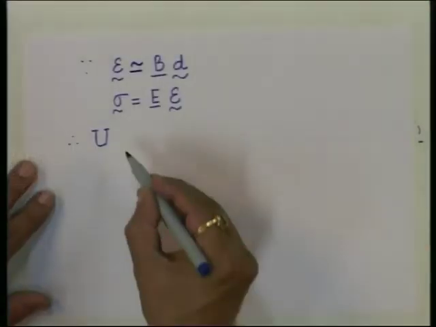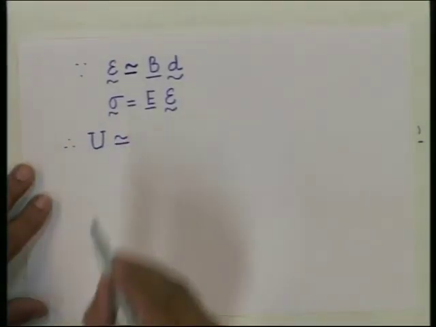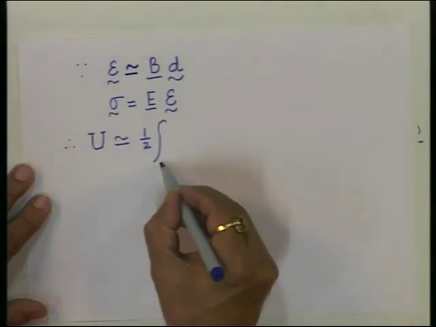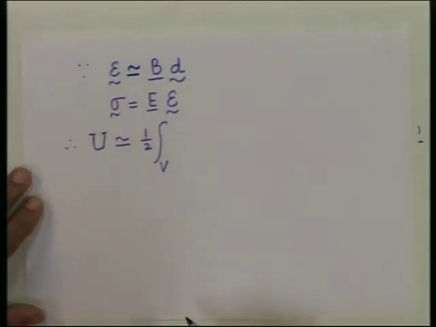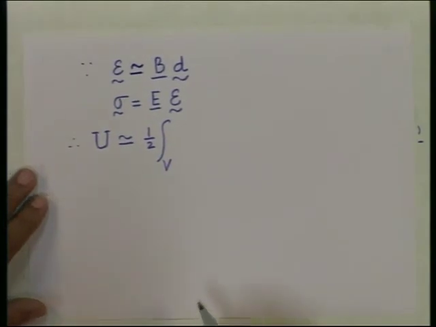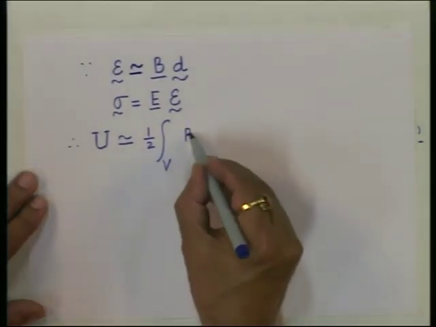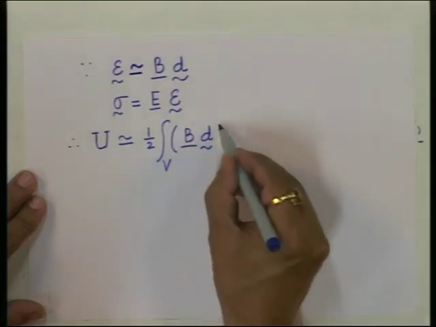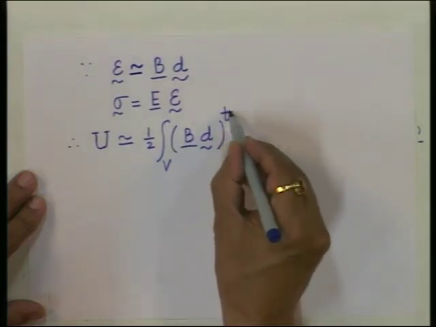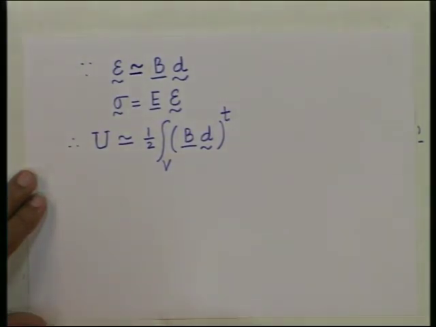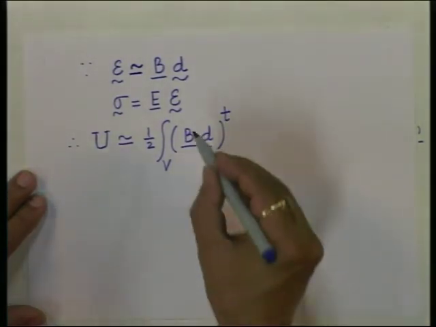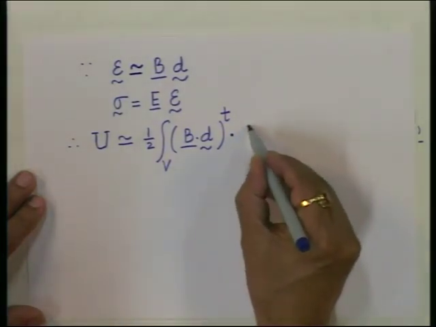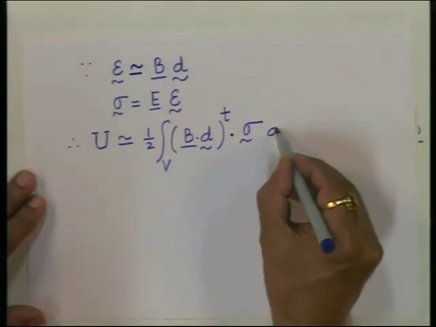That one will be given by, now I will use approximately equal to, half integral over volume of strain transpose, that means B times D, this quantity transpose, then stress, dV.